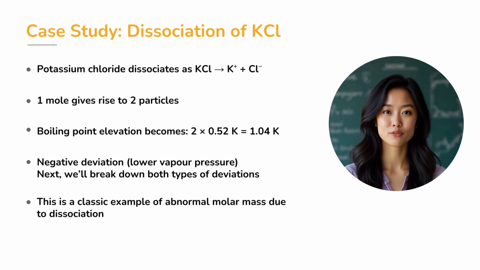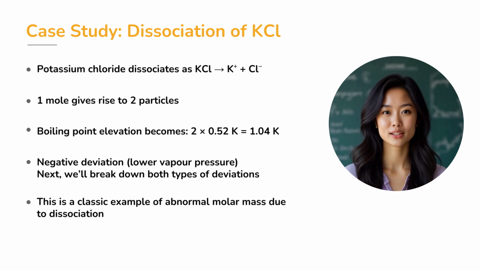Take KCl, for instance. If we dissolve 1 mole of KCl, 74.5 grams, in water, it dissociates completely. KCl → K⁺ + Cl⁻. Potassium chloride dissociates into potassium ion, K⁺, and chloride ion, Cl⁻. That gives us 2 moles of particles.